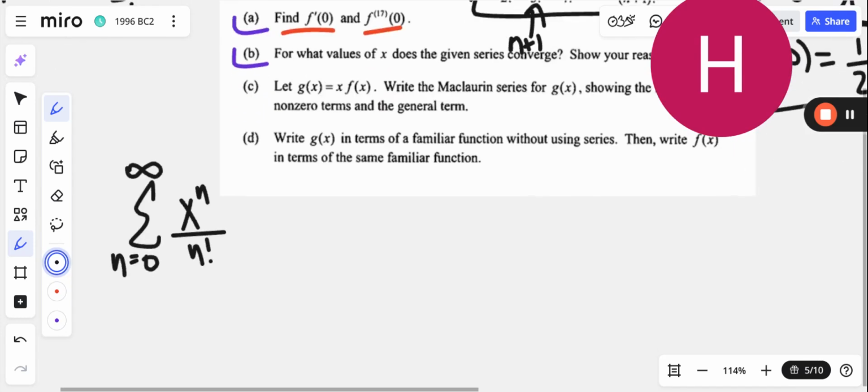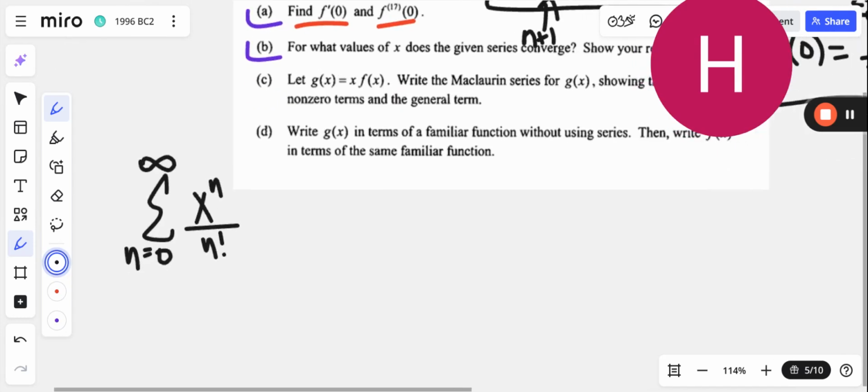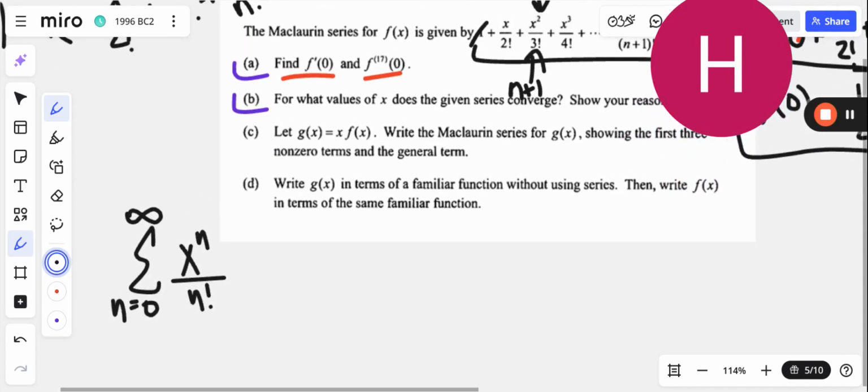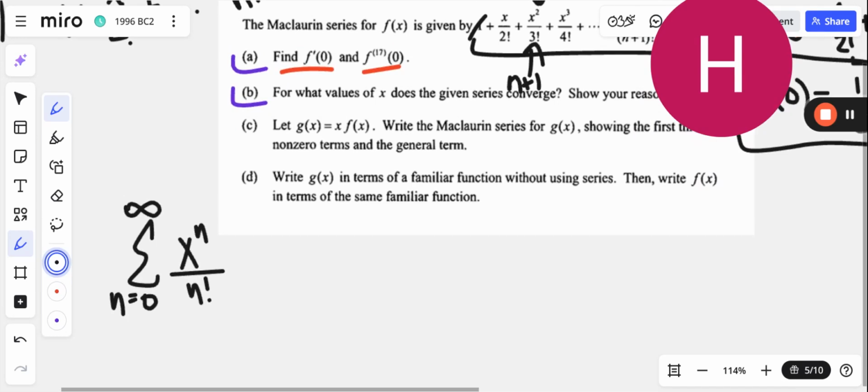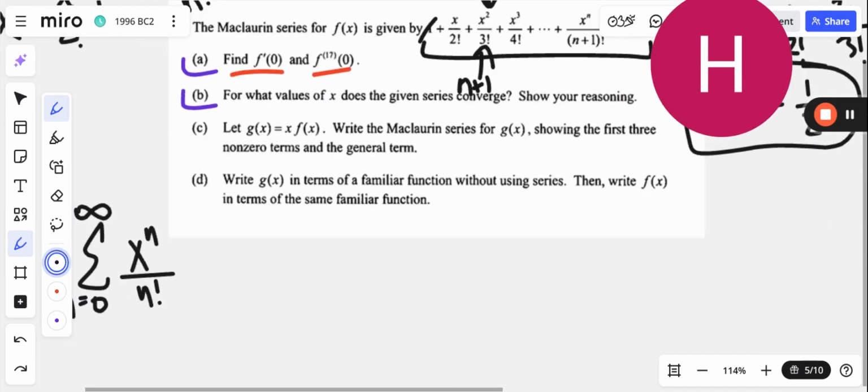If we're adding these terms, if we're basically taking a limit as n goes to infinity, these terms for sure are going to go to 0. So we have reason to believe that it's going to converge. How do I know it's going to 0? Because factorial is bigger than them all as n goes to infinity. So we know that the terms are going to 0 overall.